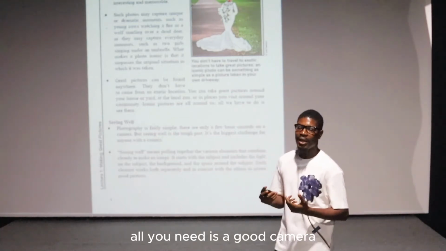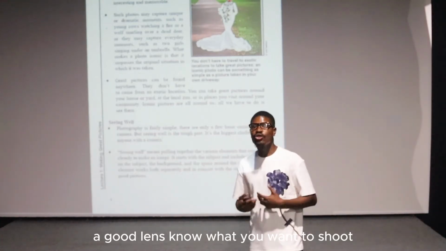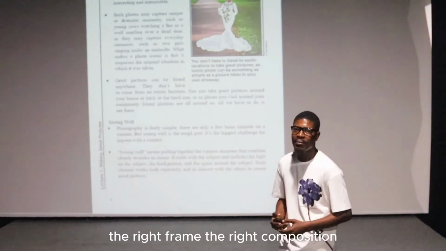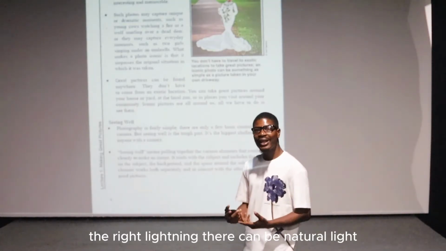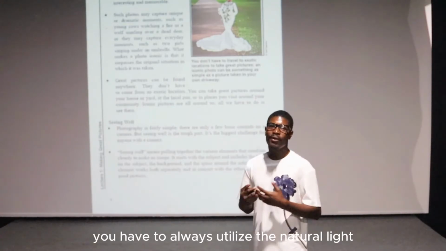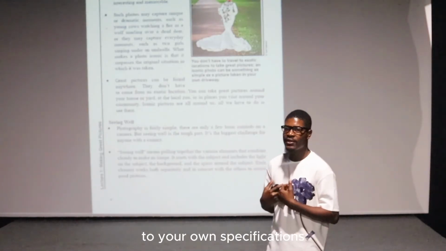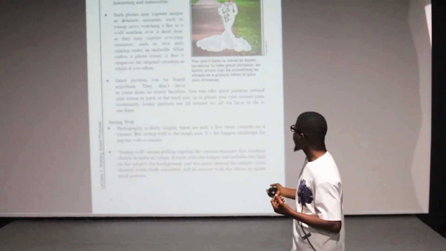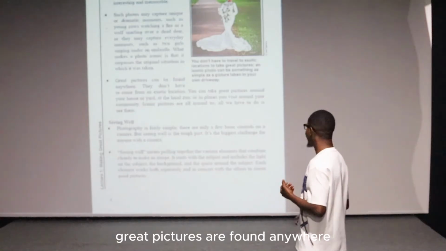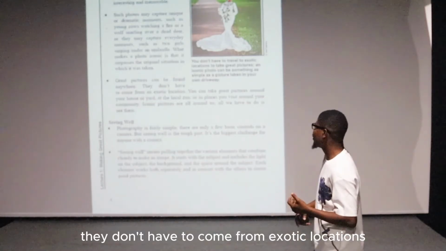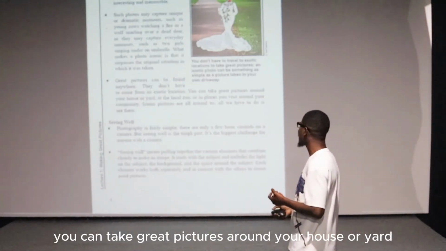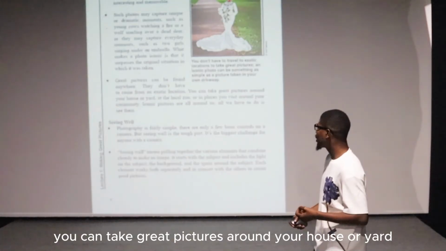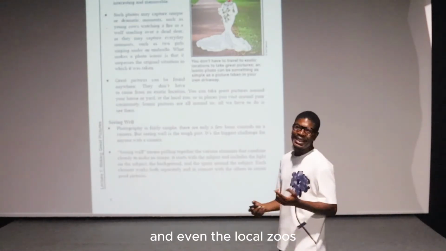All you need is a good camera, a good lens, know what you want to shoot, the right frame, the right composition, the right lighting. It can be natural light, but you have to always utilize the natural light to your own specifications. Great pictures are found anywhere. They don't have to come from exotic locations. You can take great pictures around your house or yard, and even the local zoos.